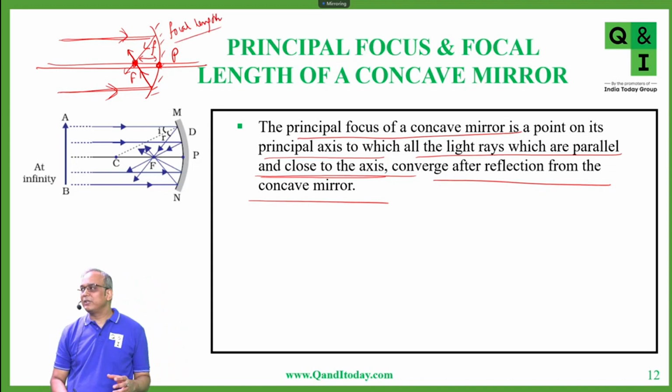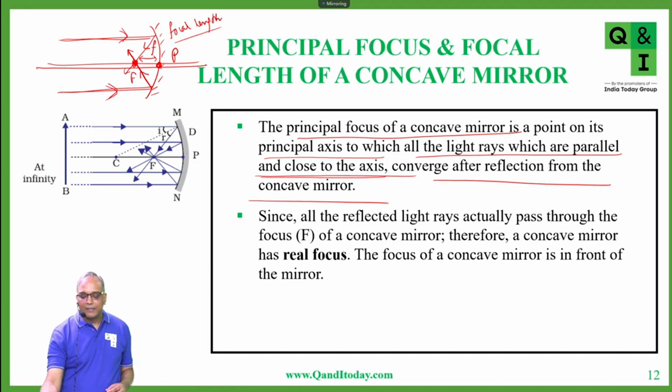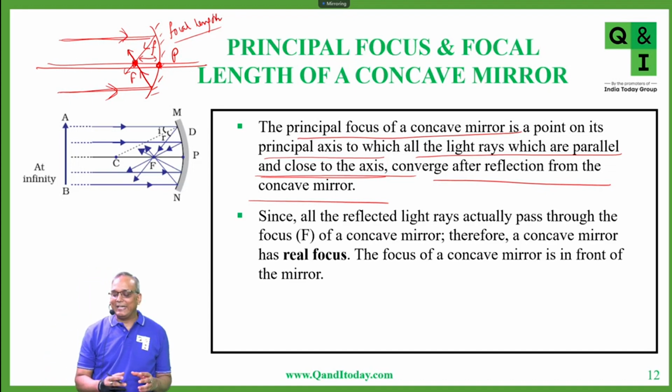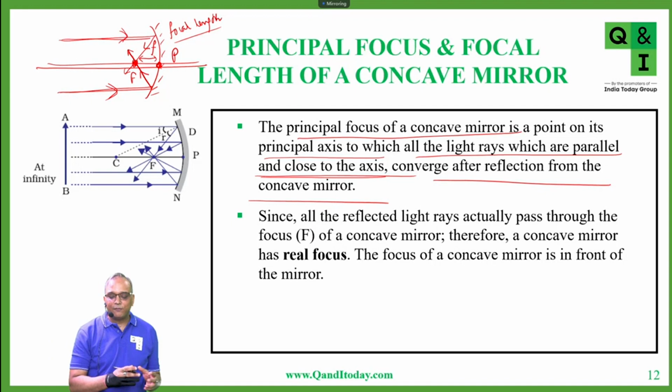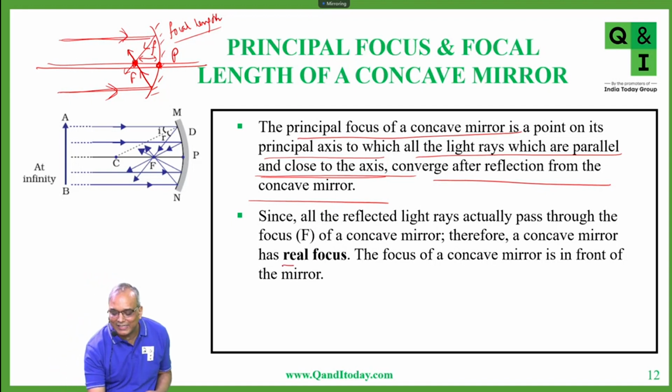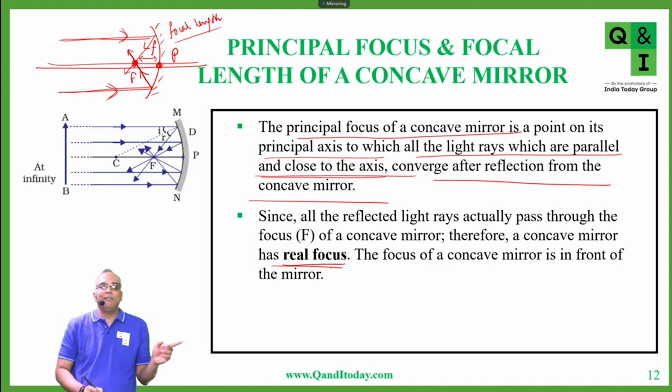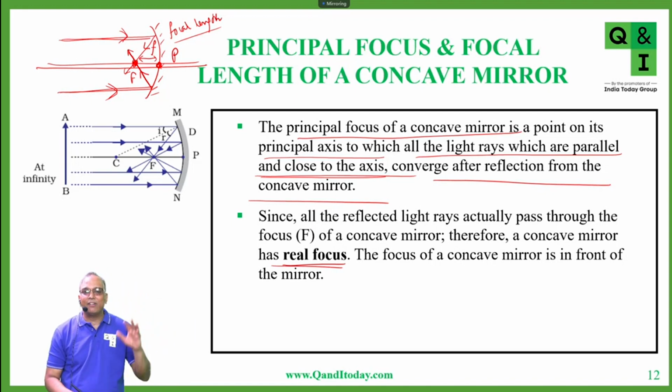Is it clear, students? Since all the reflected light rays actually pass through the focus of a concave mirror, therefore a concave mirror has a real focus. Yesterday when we were discussing the image, there were two kinds of image we discussed. One was real image and the other was virtual image.